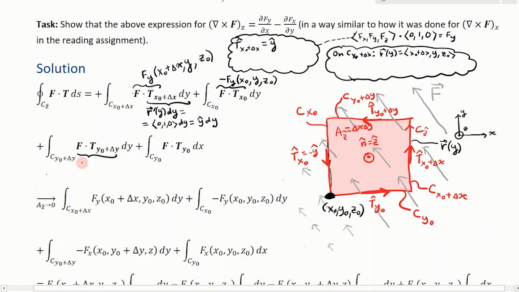Here, this part is on this contour. What we'll get is negative fx at x, y naught plus delta y, and z naught.